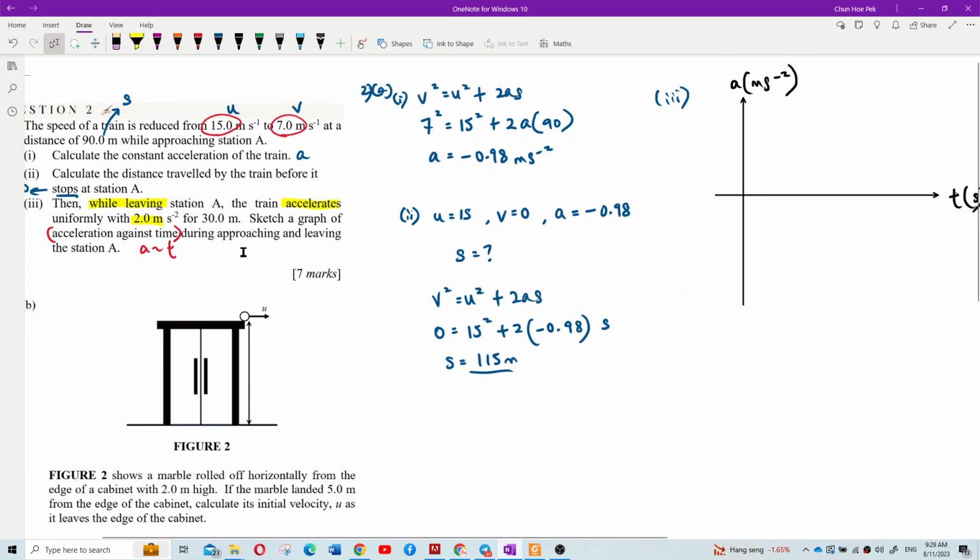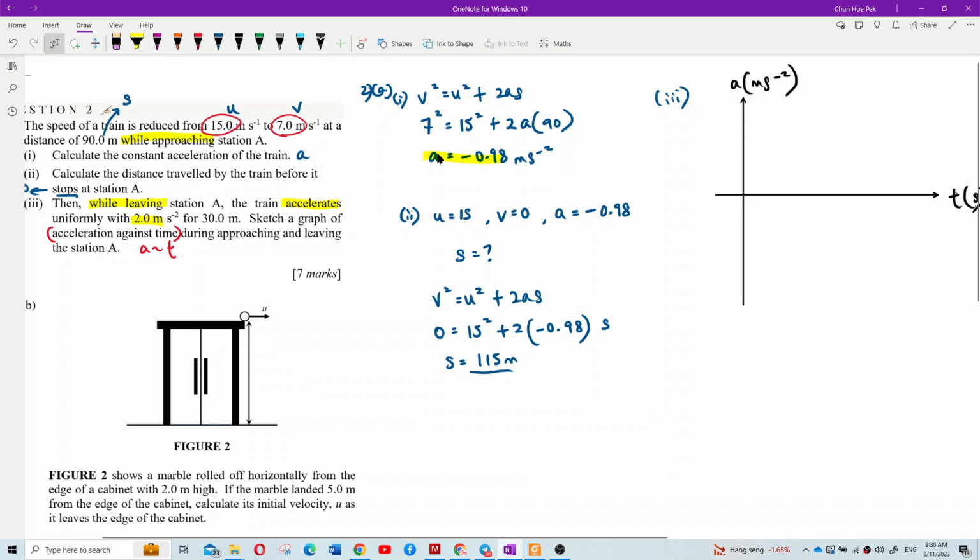So he says approaching and leaving. When approaching, okay, this one is while approaching. See that? While approaching, it decelerates. Decelerate means negative.